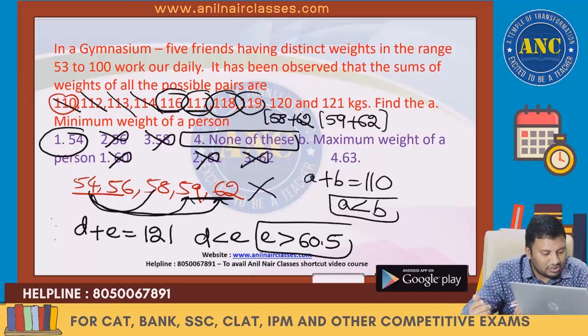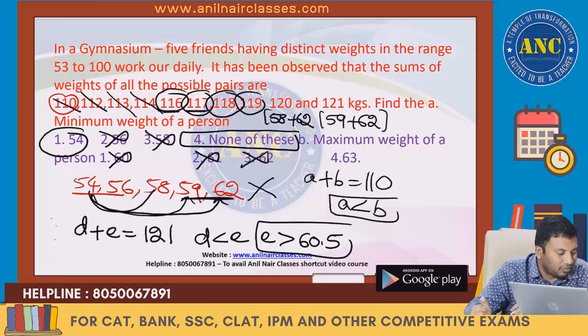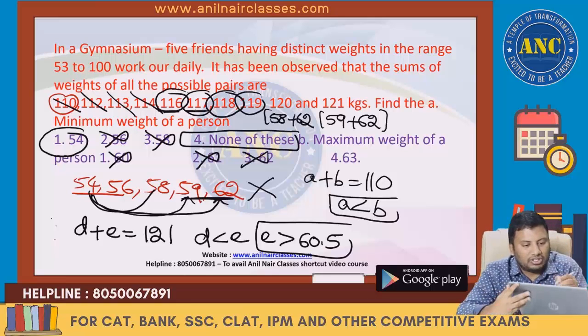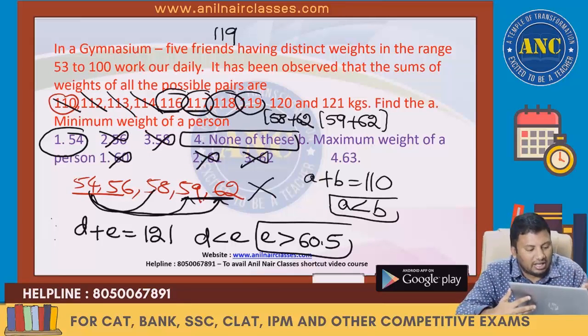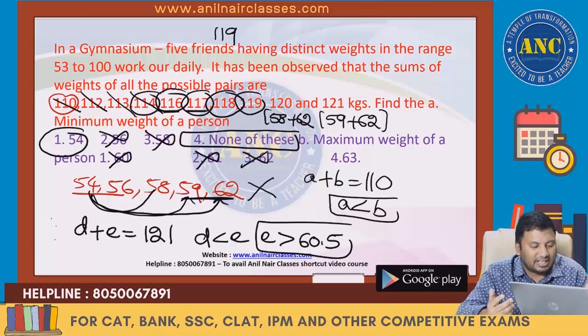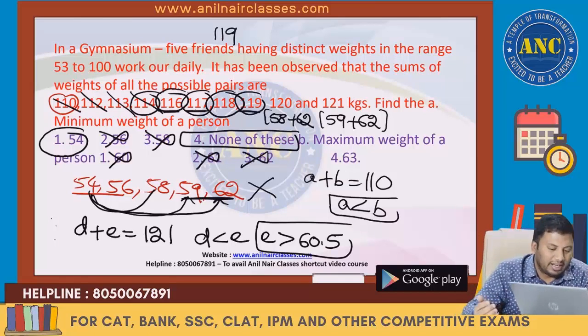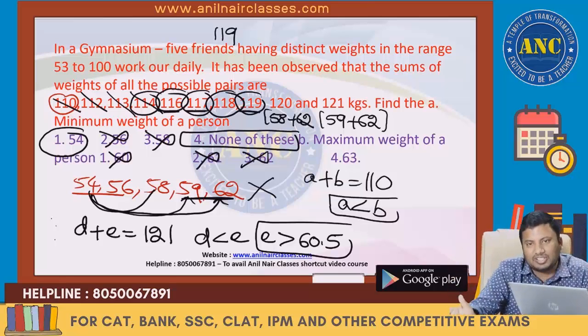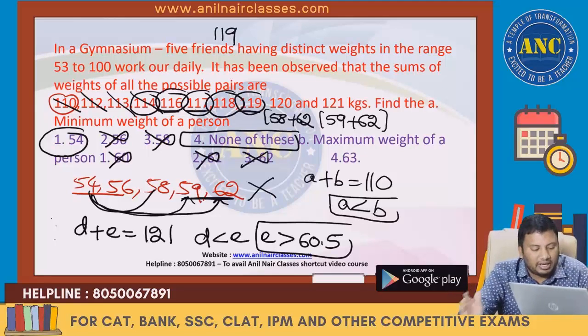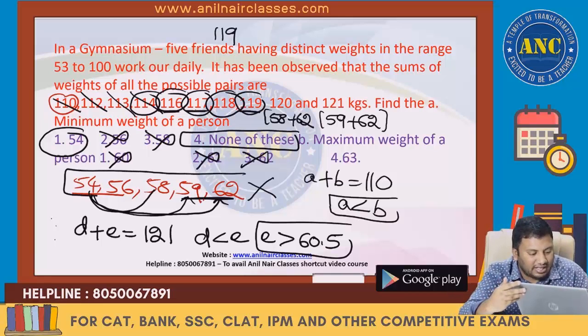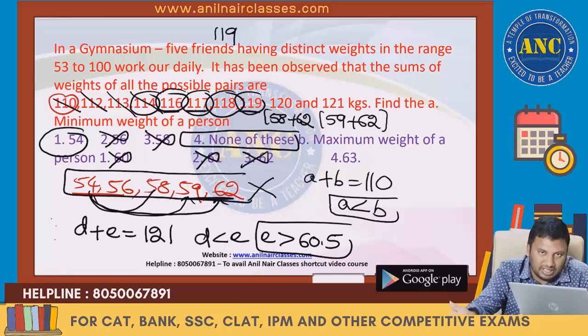How did you get this 119? Which case will give you 119? Understand the idea, sir. All the 10 pairs come. If something is missing, that pair is incorrect.